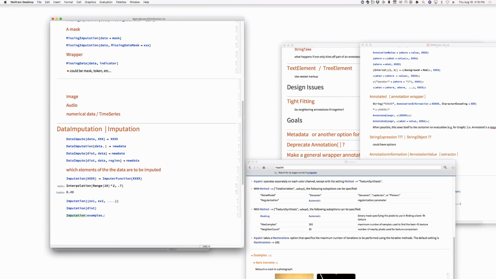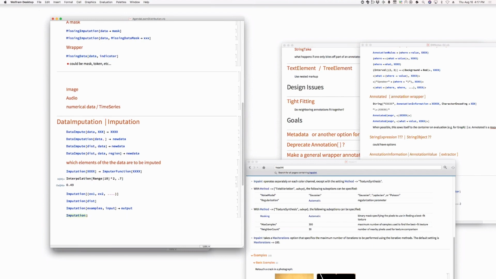I don't know what we call it, the thing that we are imputing about. Data, let's call it. Well, let's call it input. And that would return output data, correct? It would return the post-imputation version of that input, correct? Yes, we could do that. And then imputation on its own of examples would return an imputer function.